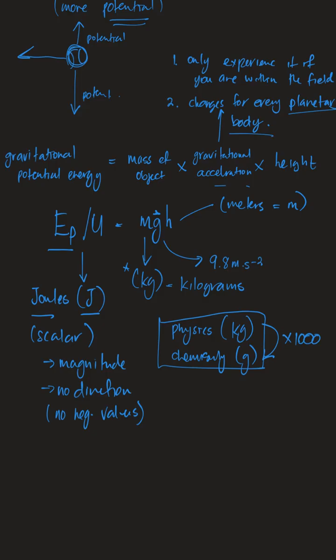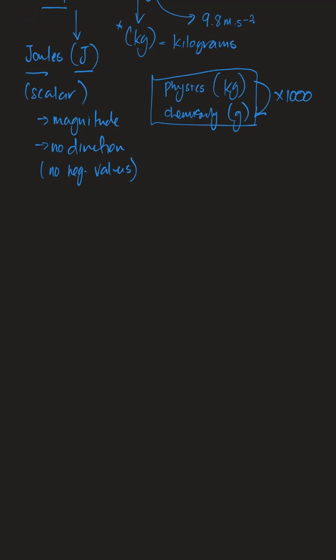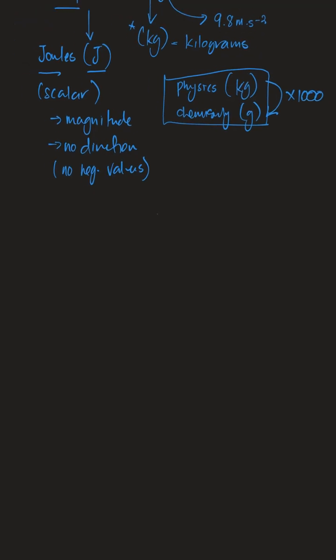So this is all about gravitational potential energy, and all it looks at is the ability for something to happen. Let's say for example I had a pen.